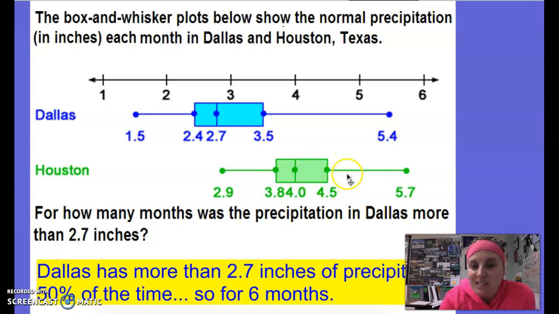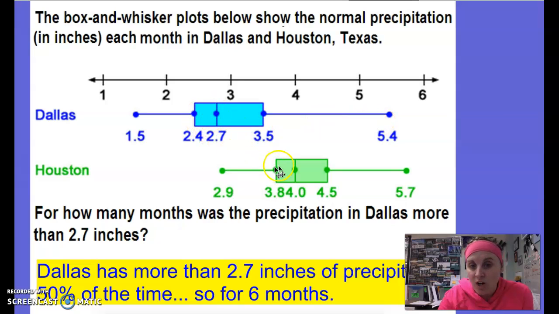So we can say that Houston and Dallas have very similar rainy months, very close here, but Dallas has a much drier set of months. Actually about half of their months are a lot drier than in Houston. You can see that Dallas has a much bigger spread.